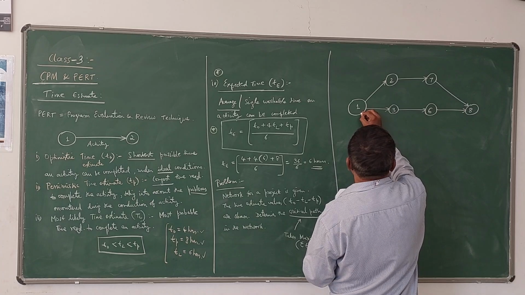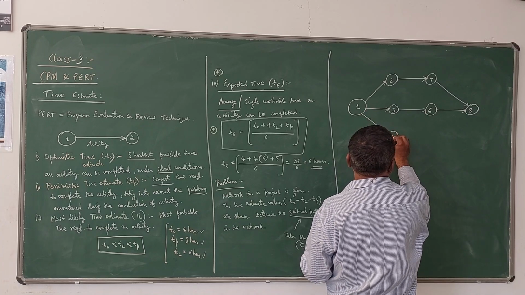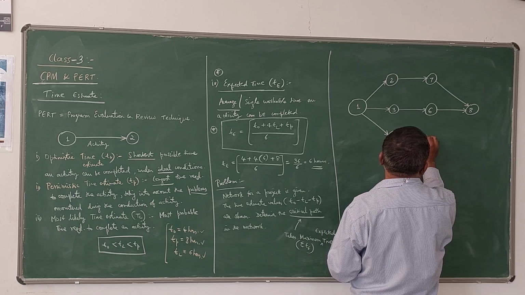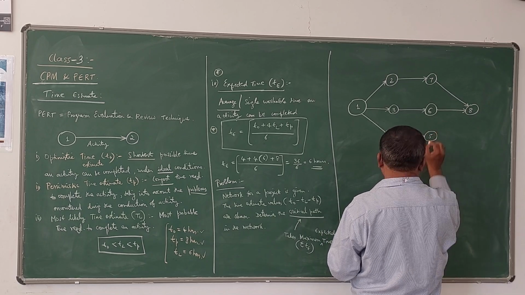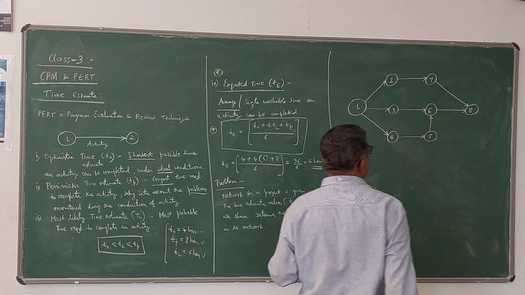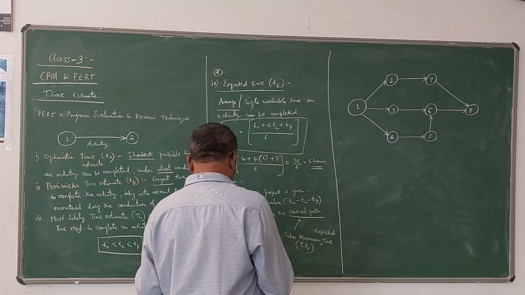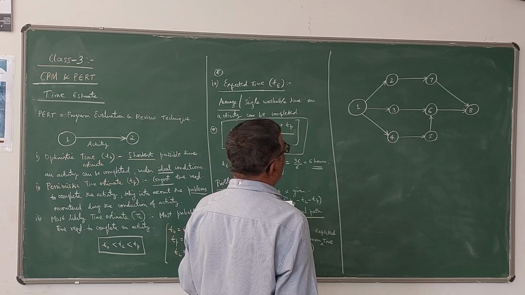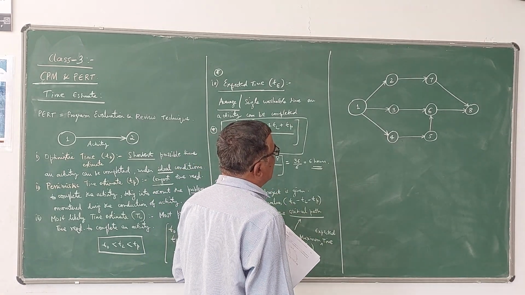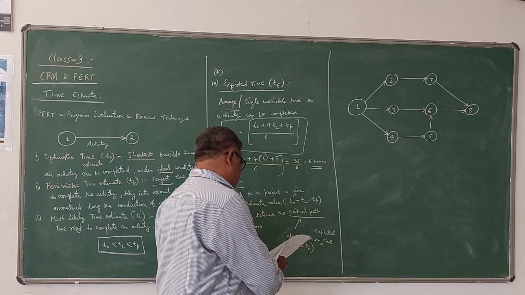Then 1 is connected to 4. 4 is connected to 5. 5 is connected to 6. So this is the network given. So 1, 2, 3, 4 up to 8 represent the events and arrows represent the activities.